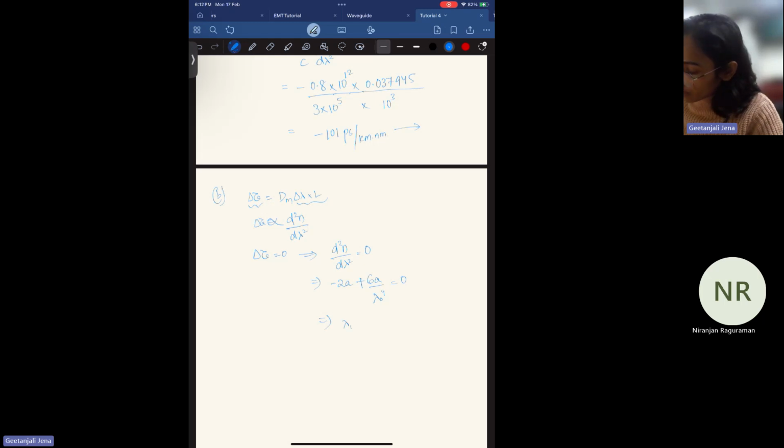So lambda 0 to the power 4 will be 6a by 2a. So lambda 0 is 3 to the power half, which is 1.32 micrometer. So this is the wavelength at which we'll see zero material dispersion.